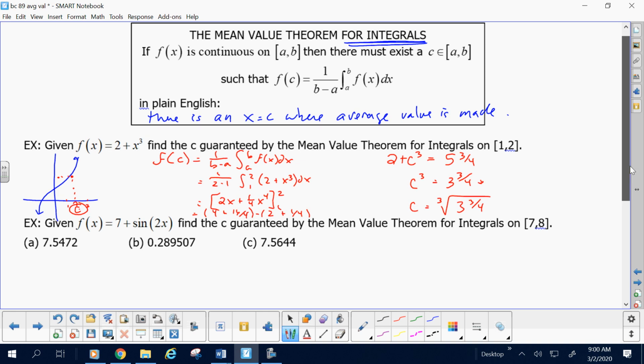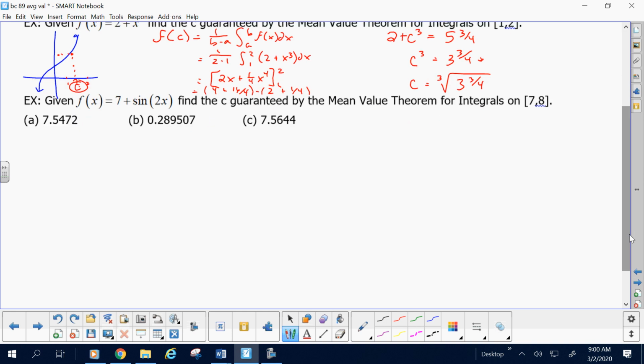Okay. Try this one with its calculator active. These, you'll see, have good distractors. I first need a calculator.